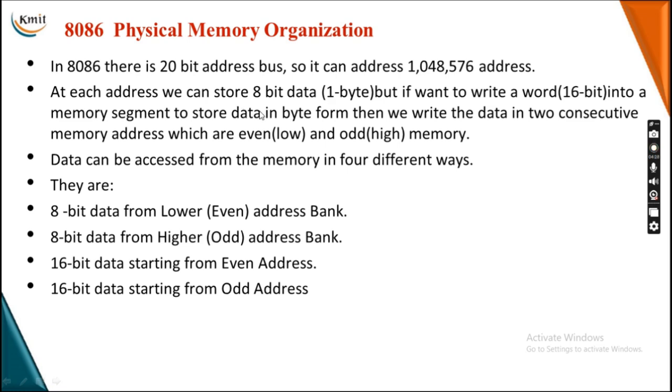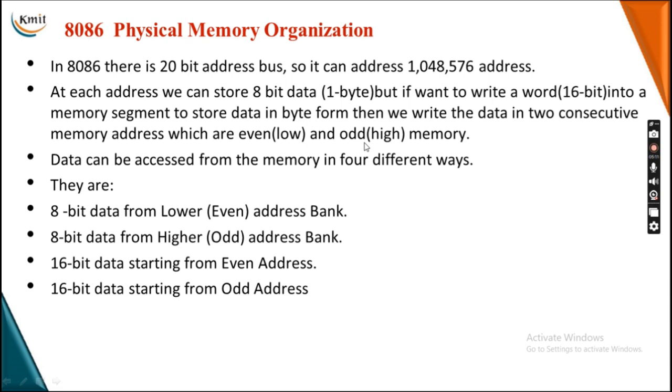But if you want to write a word which is 16-bit into a memory segment, to store data in byte form, if you want to store in word form, we can use 16-bit. But if you want to store in byte form, then we write the data into consecutive memory addresses, which are even, or I can call low order memory, and odd or high order memory.